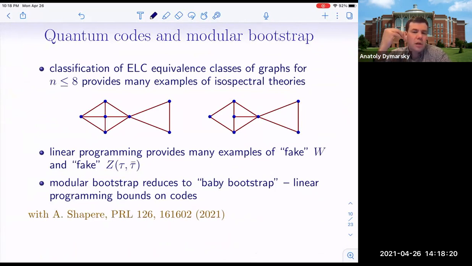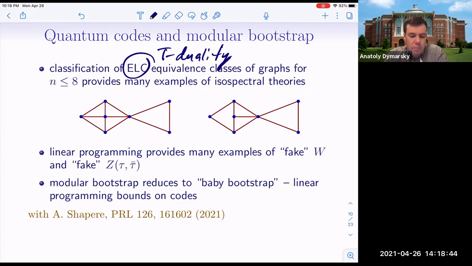And then you can classify all graphs with respect to T-duality equivalence. And after you do that, you will find interesting examples when your codes or your code CFTs are not T-dual, but they have the same spectrum.